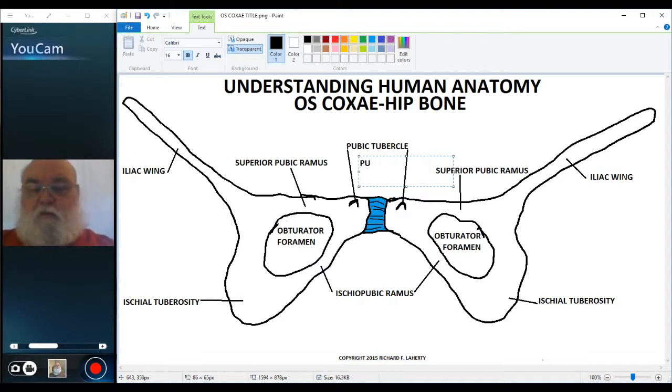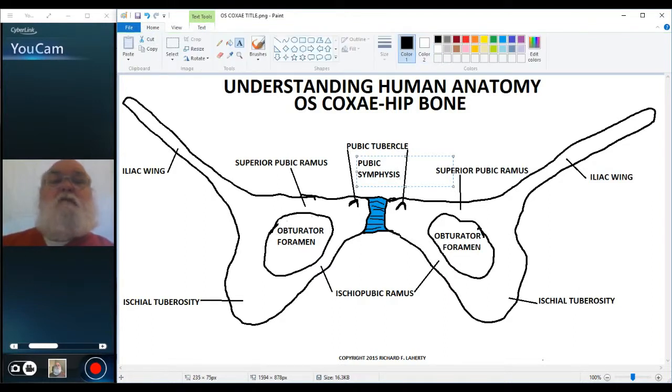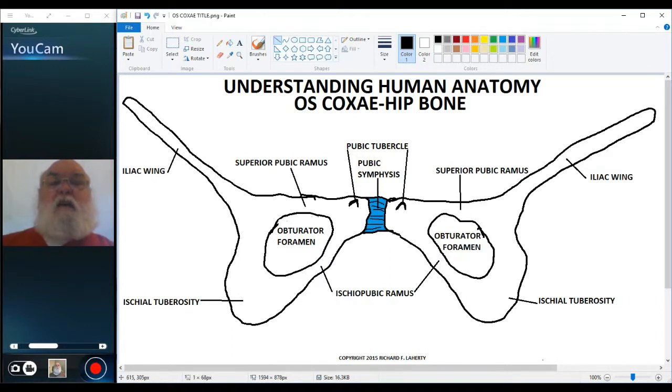So let me label this. The pubic symphysis. And we'll draw a line down to it. And again, this is an amphiarthrodial joint, which means that it's only very slightly movable. So we don't expect a lot of movement in this joint.